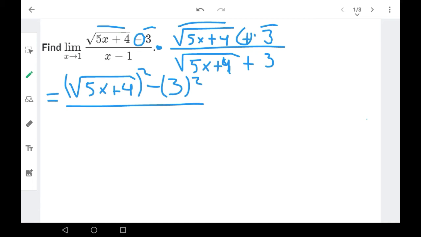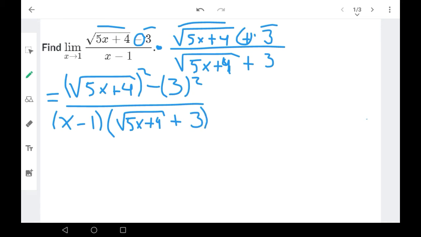And that expression is divided by x minus 1 times the square root of 5x plus 4 plus 3, right? That will be the expression that I have.